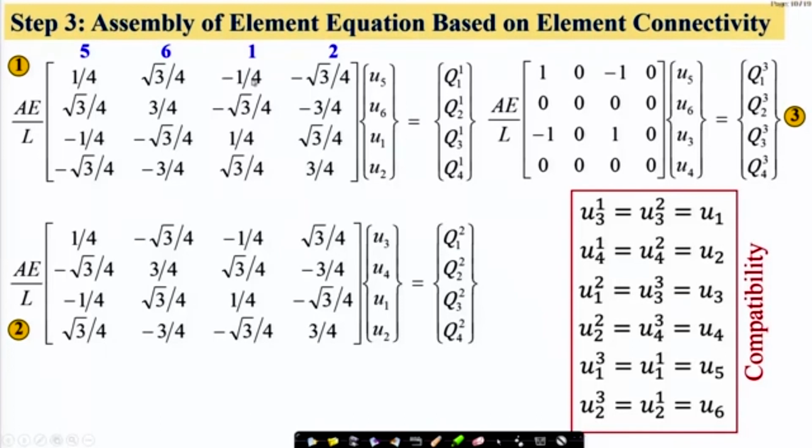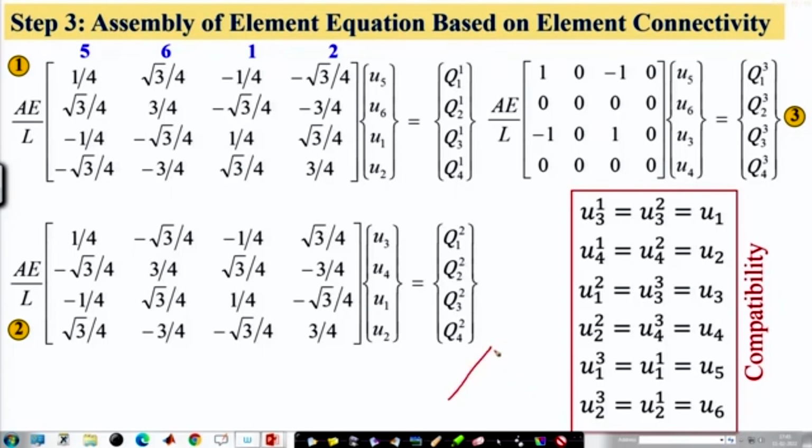This step is important, and this numbering is also very important. What does this numbering tell you? It is 5 6 1 2. 5 6 1 2 means, if you remember, the structure was like this, and this was 1 2, this is 3 4, and this is 5 and 6, right?